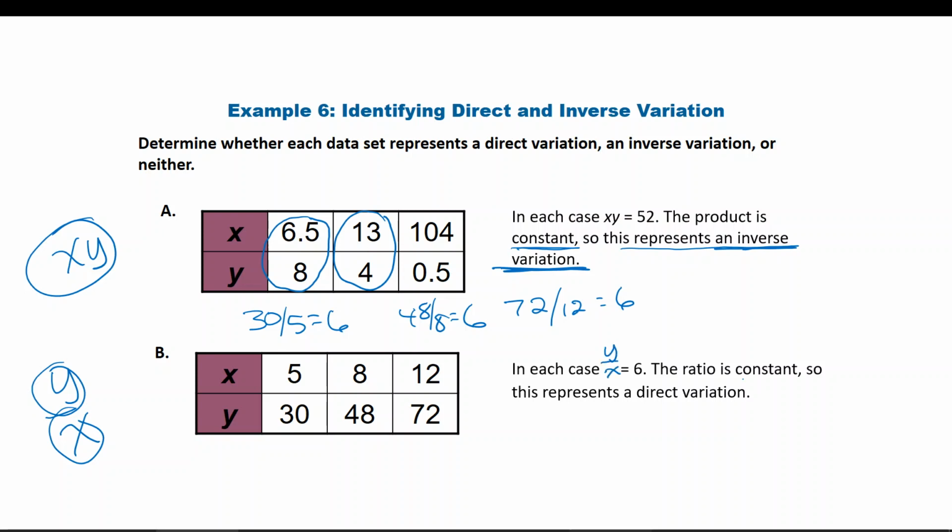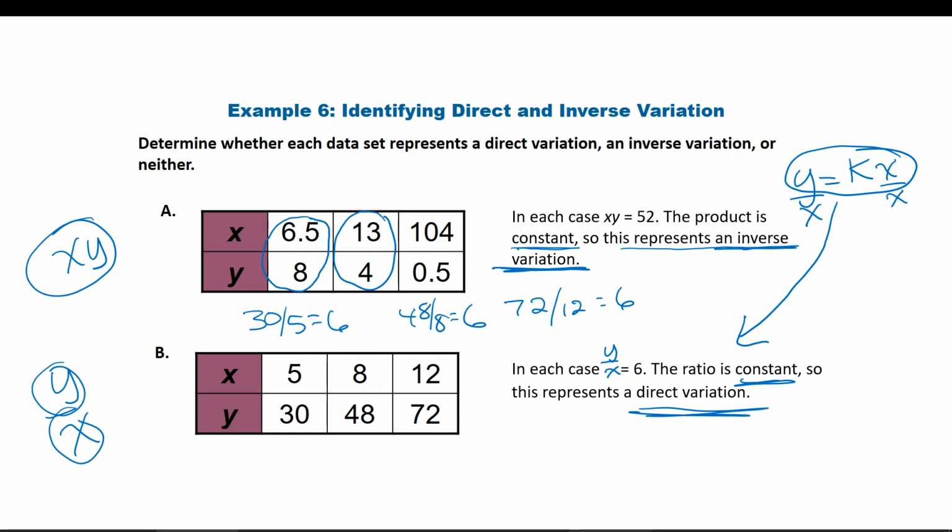The ratio is constant, so this represents a direct variation. So you'll just need to think about what you're doing. If you have y equals kx and you divide both sides by x, that was originally a direct variation, and in the chart it's going to look like y divided by x. All right, let's look at another sample.